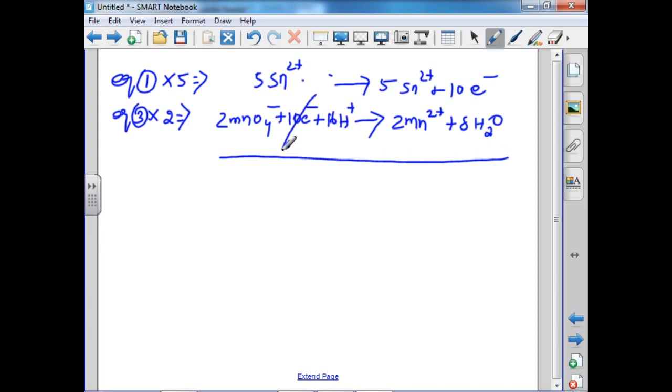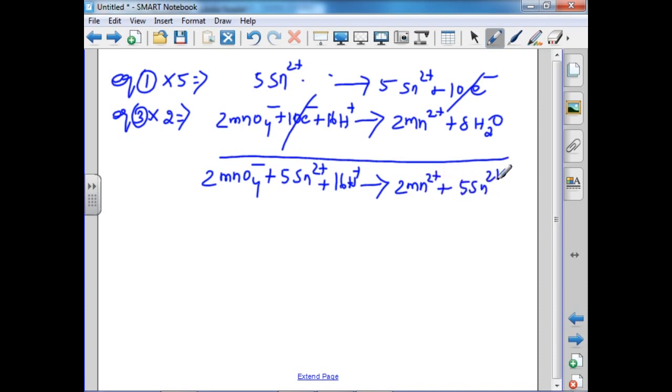So the 10 electrons and 10 electrons cancel. Finally, 2 MnO4- plus 5 Sn2+ plus 16 H+ gives 2 Mn2+ plus 5 Sn4+ plus 8 H2O. So the equation is balanced.